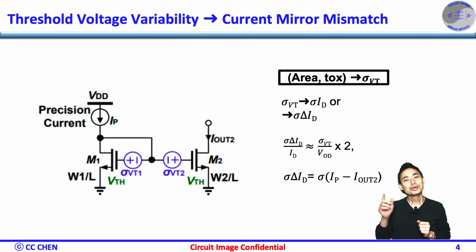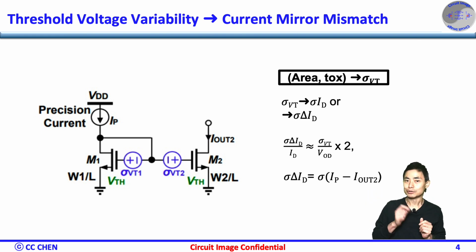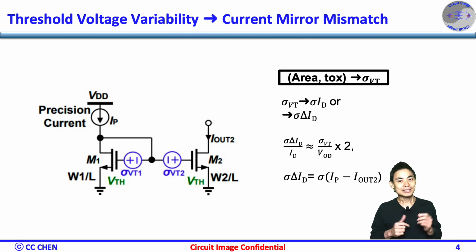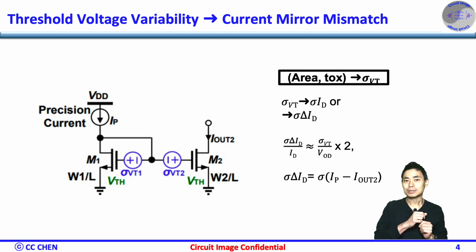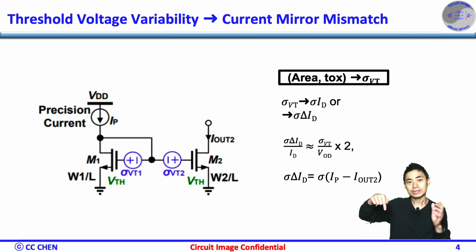In addition, you may also know the percentage of variability to the average current in RMS value by a simple sigma Vt divided by the overdrive times 2. Then you can quickly know if your designed DC operating point is making sense to meet the specification of the current variability. In this simple variability image, do you know how to reduce the variability through your design overdrive?